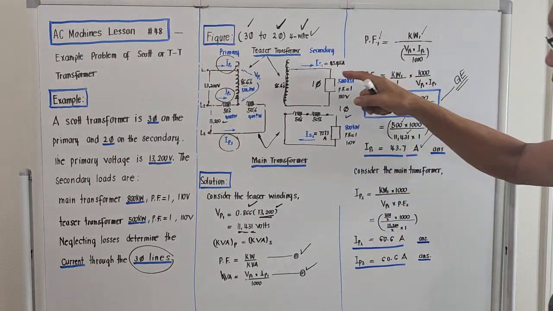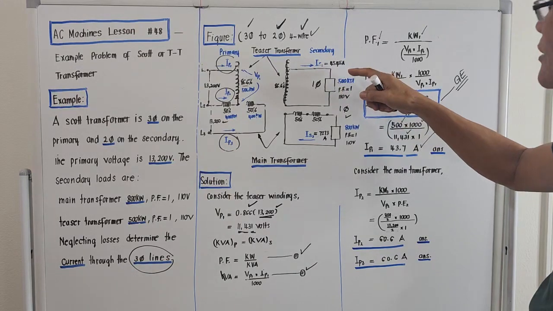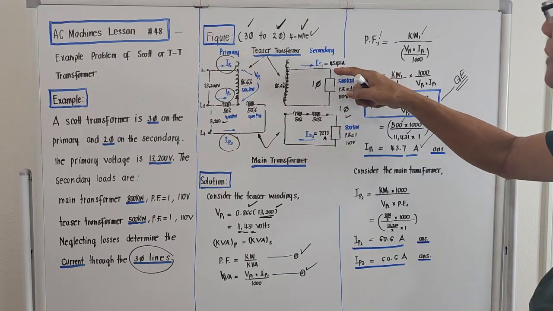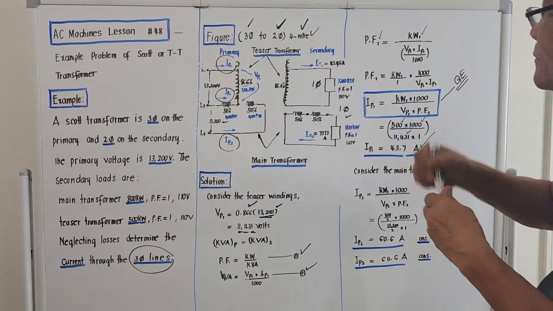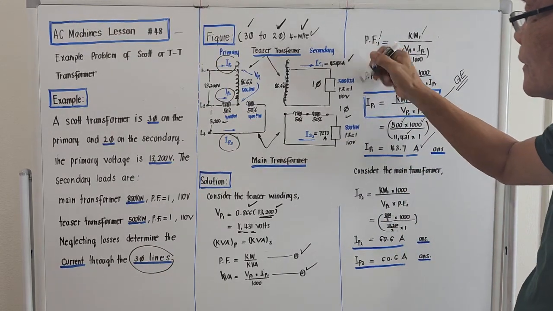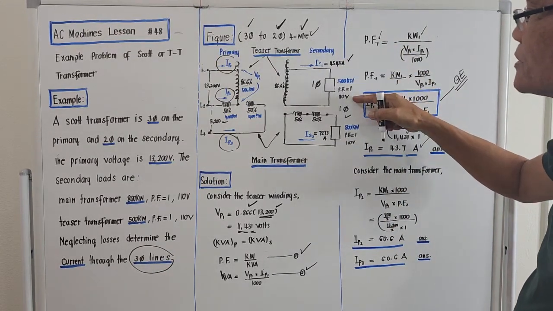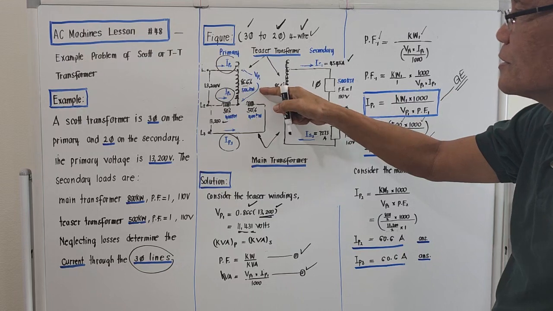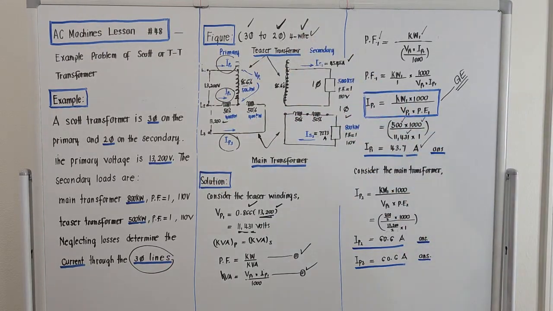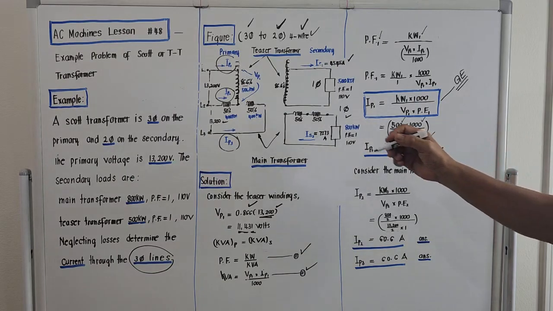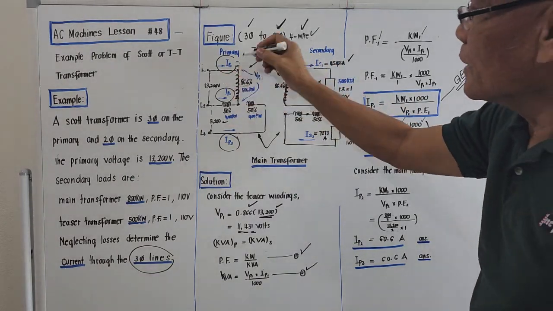And if we try to compute for the current here, it's actually 4,545 amperes. Big current, small voltage; big voltage, small current. So this is the current that passes through line number 1.